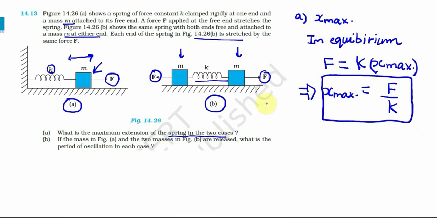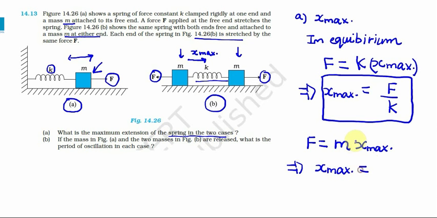Now coming to the second situation, if I consider the maximum displacement X max here for both the blocks, and a restoring force is acting on both the blocks, again I get F is equal to K times X max.